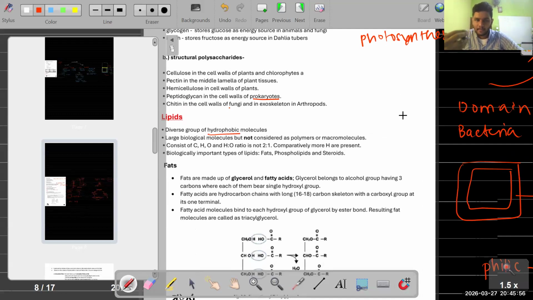But without going into the dissolving part, I just went with the word. Philic means loving, phobic means hating. That is the idea. Is that clear?